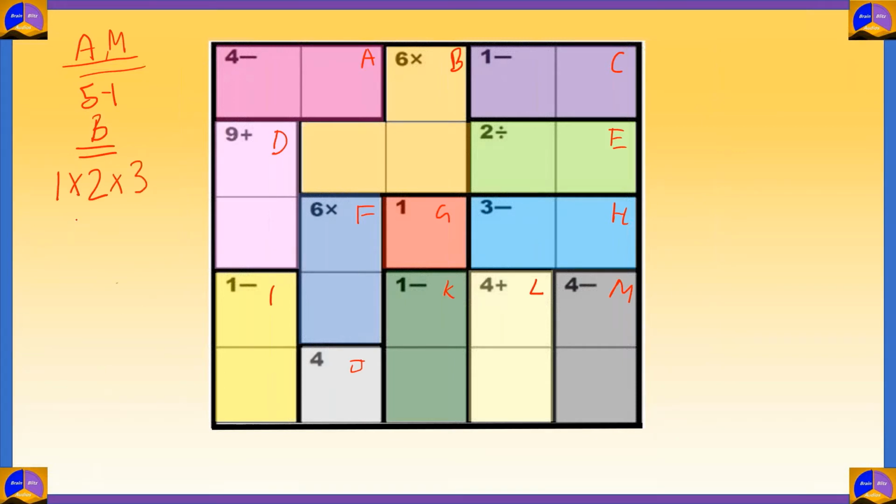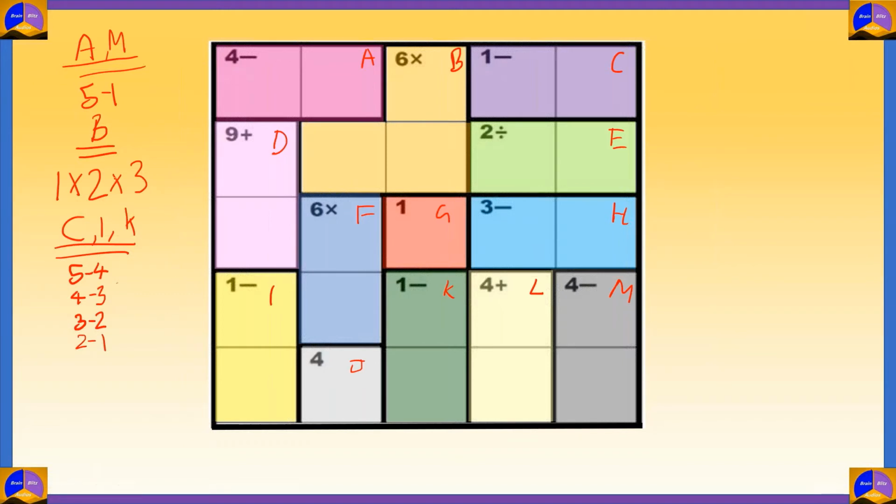Now let's look at cage C, cage I and cage K. In these cages there are 2 cells and the operation is subtraction. After subtracting, our result must be 1. So the options are 5 minus 4, 4 minus 3, 3 minus 2, and 2 minus 1.